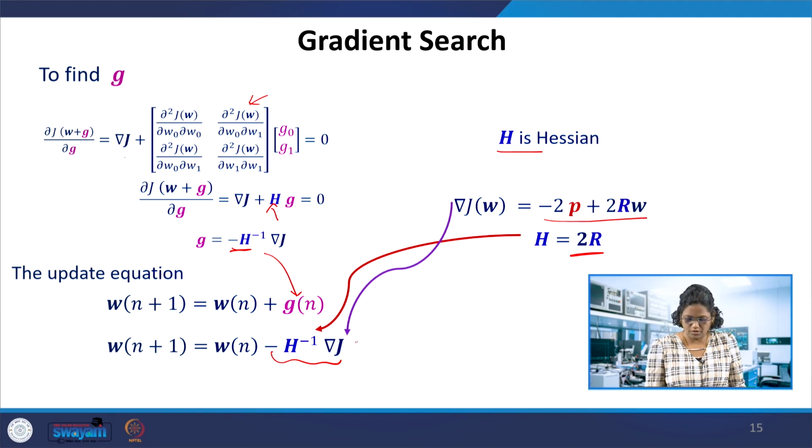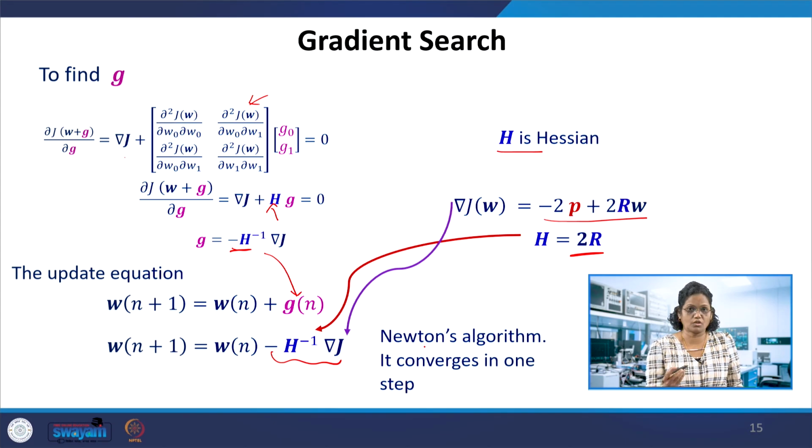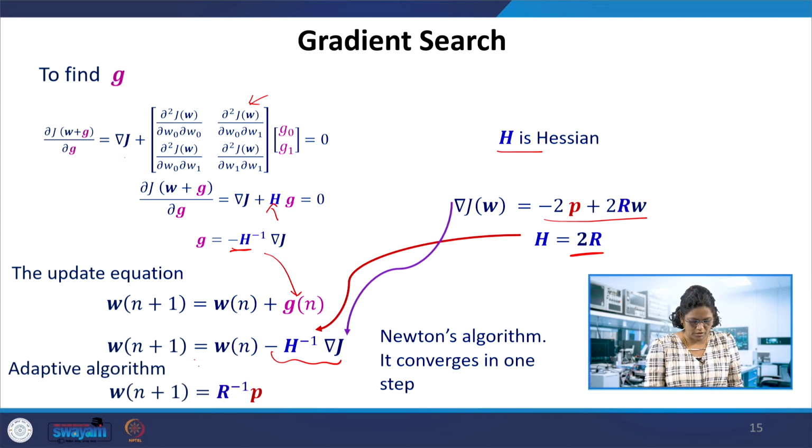You substitute these things and Newton's algorithm converges to the optimum solution in one step, that is W of n plus 1 equal to just R inverse p. Okay, so if you substitute these two conditions, you have this. So gradient search leads to the optimum Wiener solution, R inverse p, in one step, with H and del J as this.